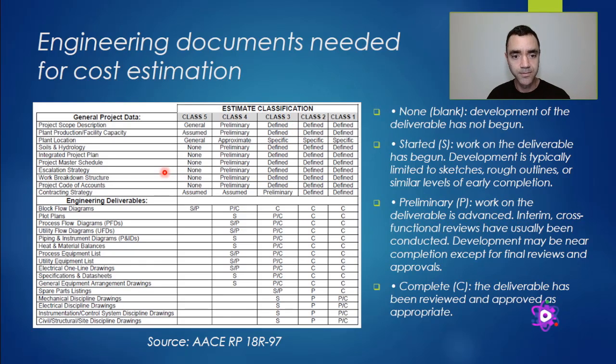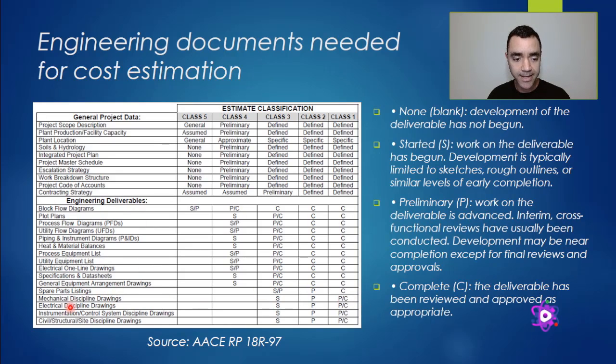So as we go to Class 1, it's expected that the definition of the project is already around 50% to 100%. So because of that, we have the process flow diagram, utility flow diagram, and other documentation needed.